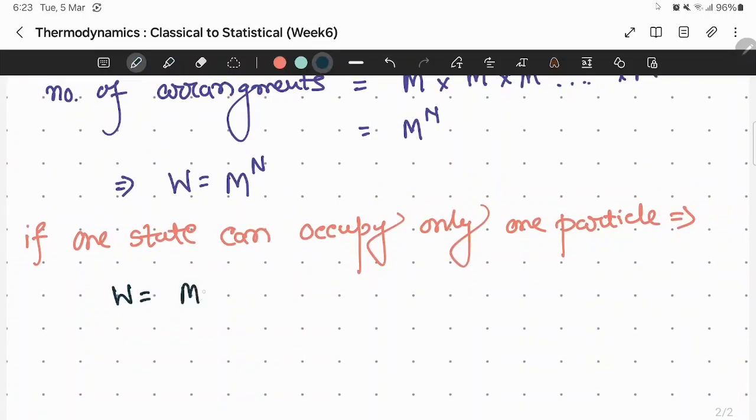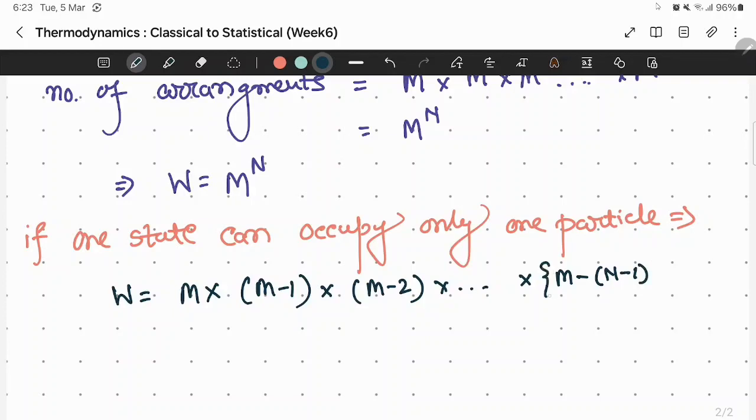It will be m. For a particle, m is the number of accessible states. For B, it will be now m minus 1 because that place is reserved for A. That state is not available. So m minus 1 states are available now. And for the last particle, it will be m minus n minus 1. Okay, this will be the case.